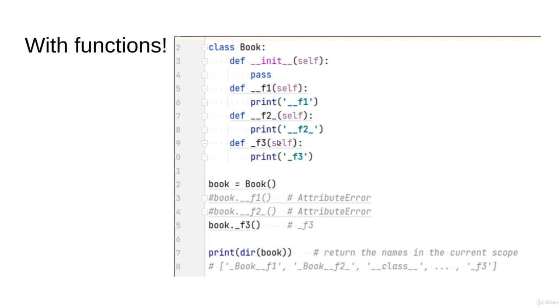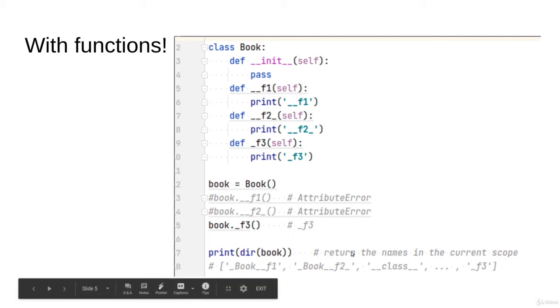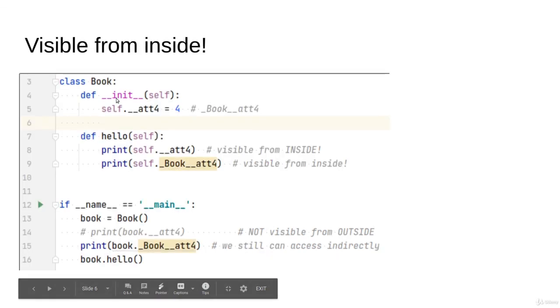If you would like to see the available functions, you cannot use the dictionary attribute. You need to call the dir function, which will give us all the names that are available in the scope for this object, and you will observe among them the book f1, book f2, and also the underscore f3. So function names are also mangled in the same way.